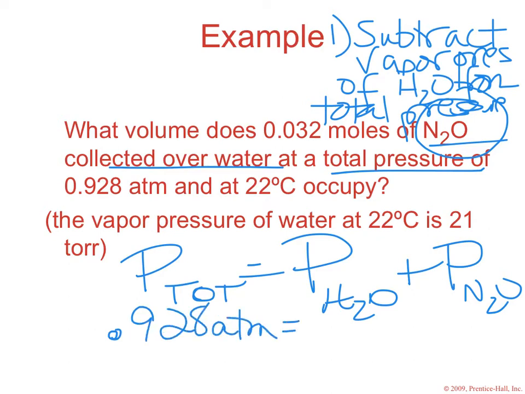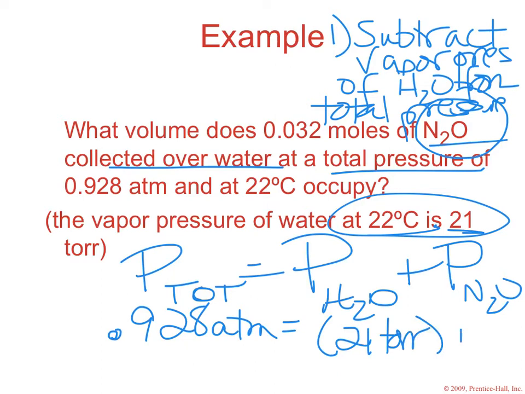We look on that chart. Well, in this case, I told you the vapor pressure of water at 22 degrees is 21 torr. So we know that pressure of water is 21 torr, and we're trying to solve for the pressure of dinitrogen monoxide. I'm hoping that you notice now that you have an issue, and that is the units are different for pressure. So we have to get both units in either torr or both units in atmosphere. I'm going to go ahead and get it in atmosphere. That's just the more commonly used one.